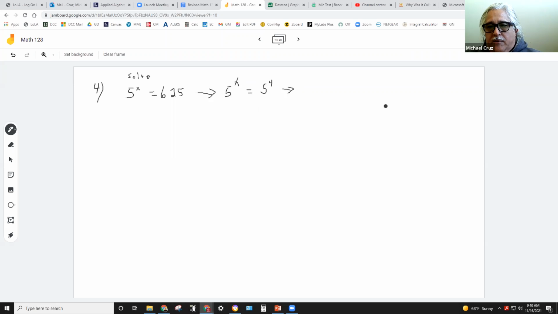And now the bases are like, so we simply have x is equal to 4. Pretty darn simple on that one.